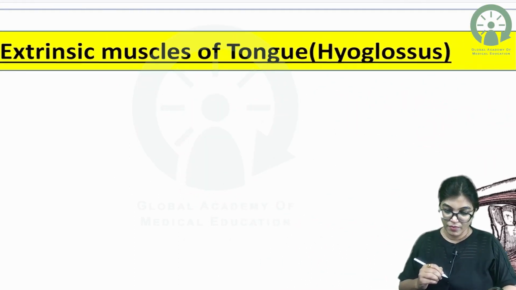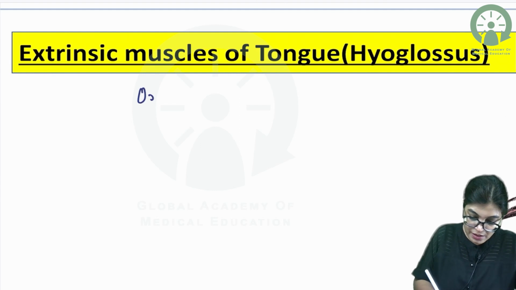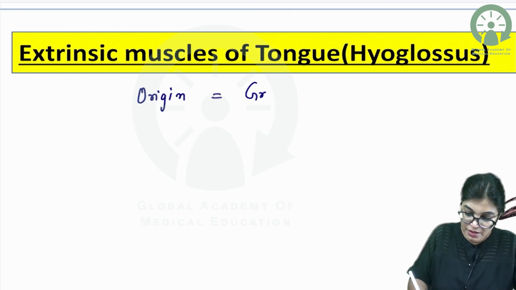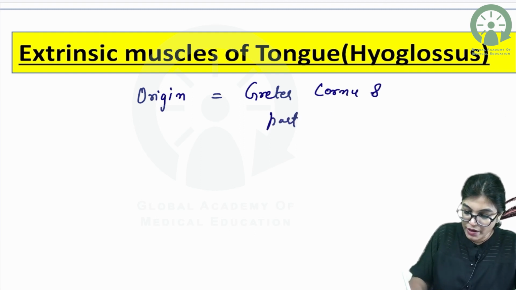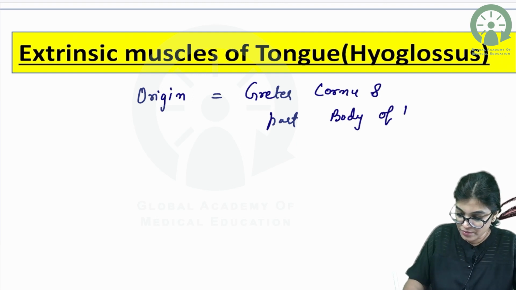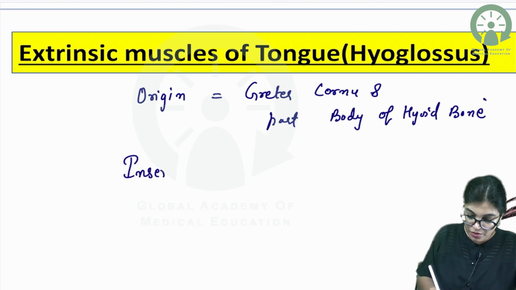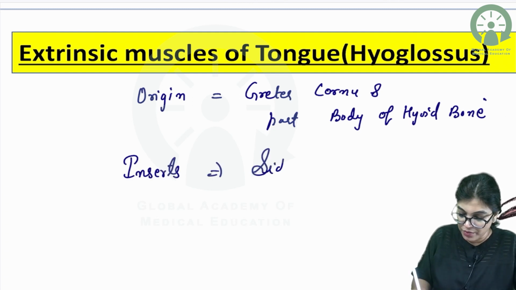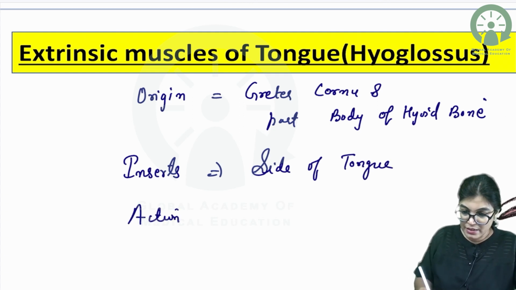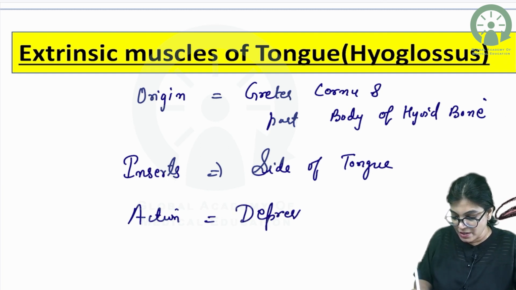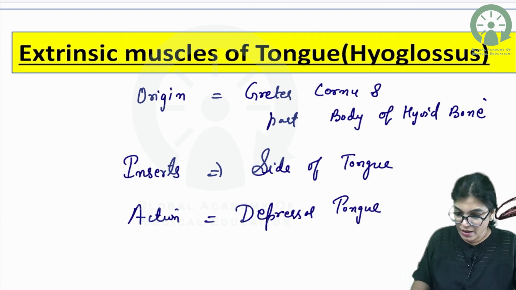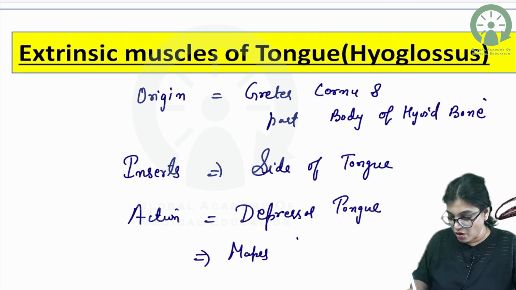So, write down: hyoglossus muscle originates from the greater cornu and part of the body of the hyoid bone, and it inserts into the side of the tongue. The action is depression of the tongue, and it makes the dorsum of the tongue convex.